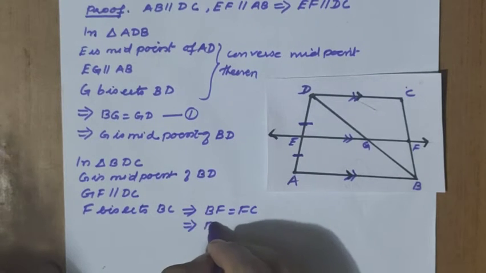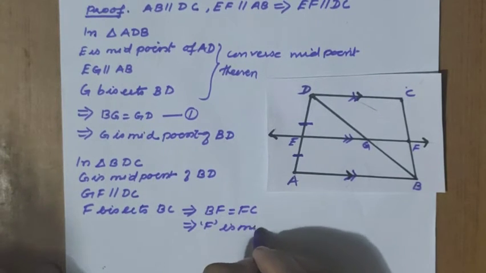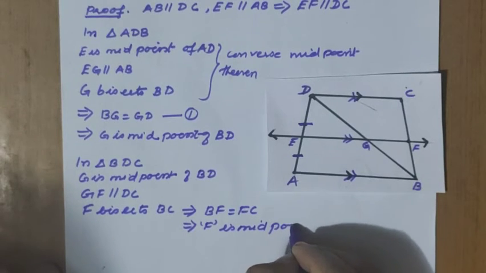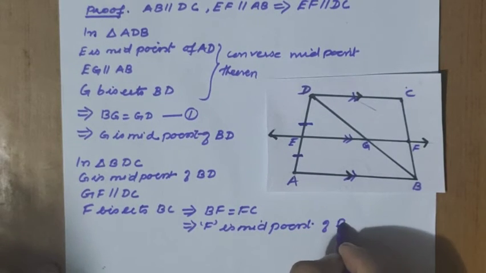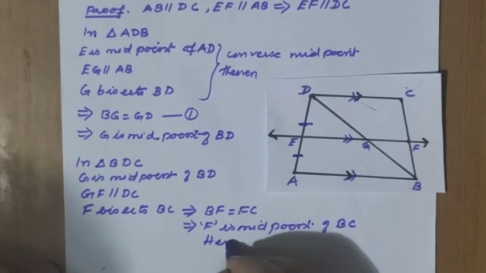Again, what is the meaning of this one? F is the midpoint of BC. Hence proved.